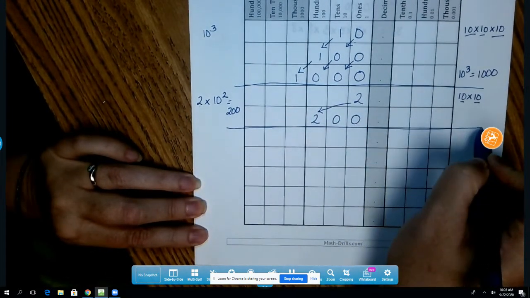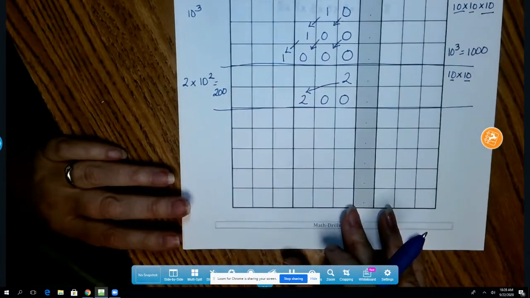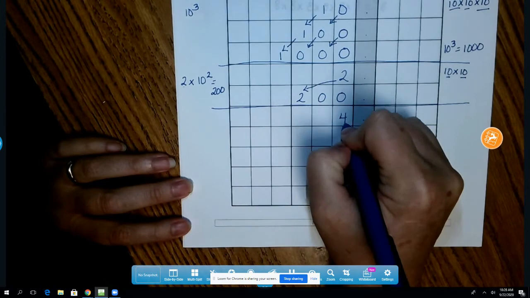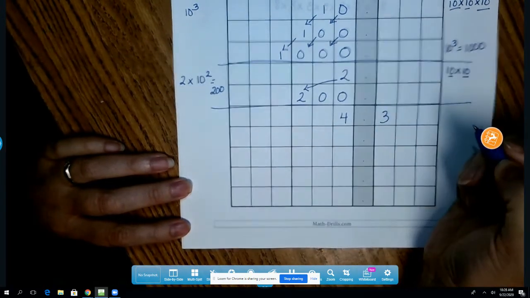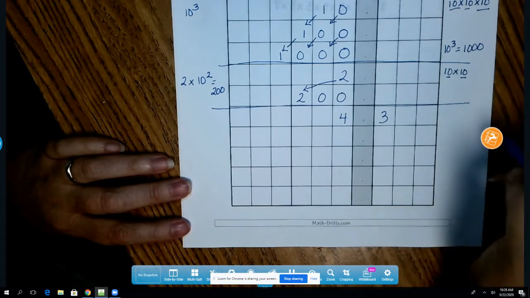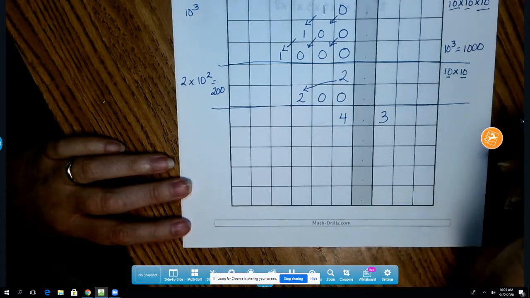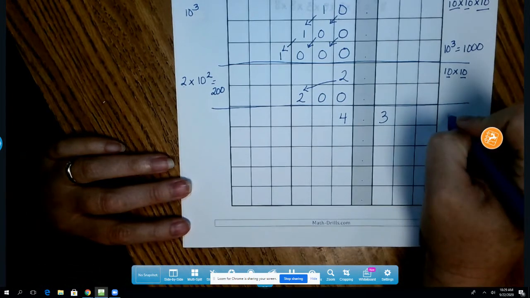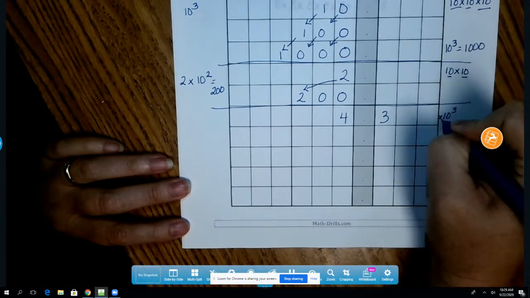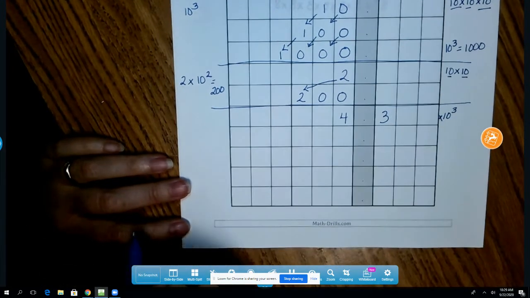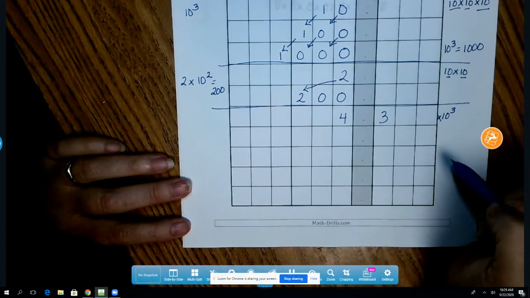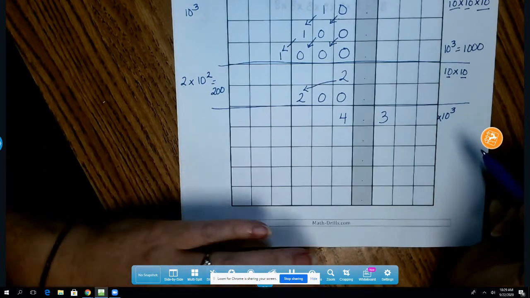Let's try one with a decimal. Let's say we have 4 3/10. We want to multiply that by 10 to the 3rd power. Okay, so we know that 10 to the third power, okay, I'm going to show you a little trick here.